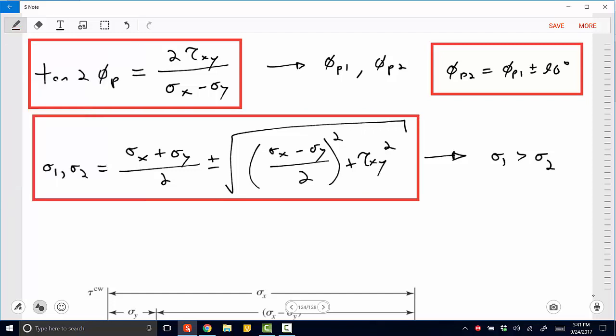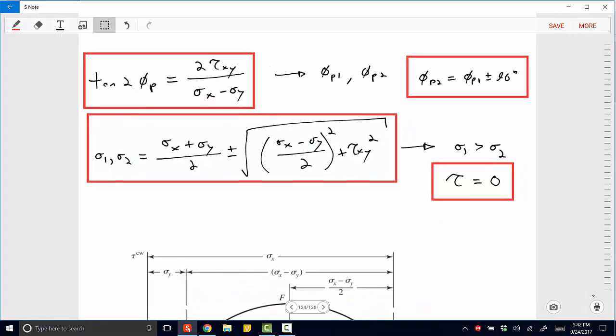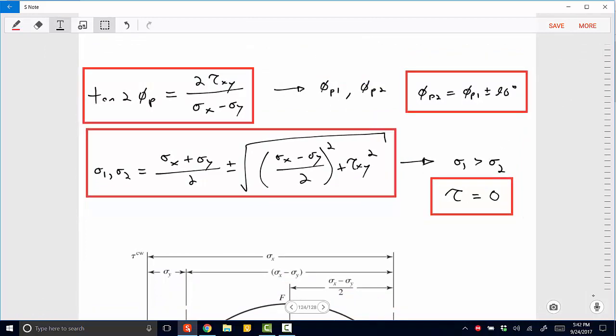And also where tau is equal to 0. So we pretty much have the equations we need here for principal stress.